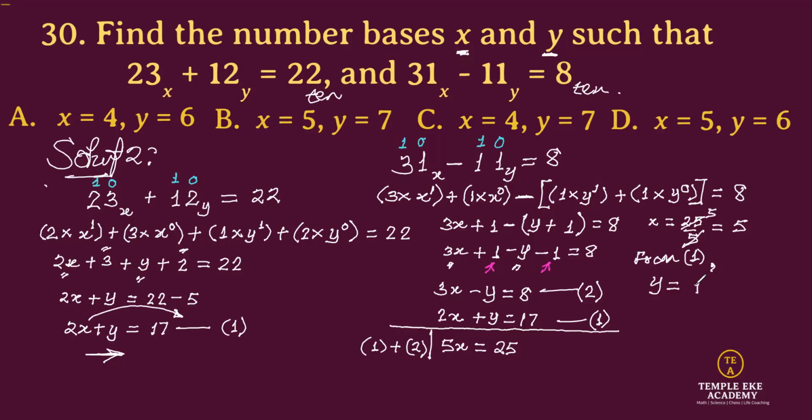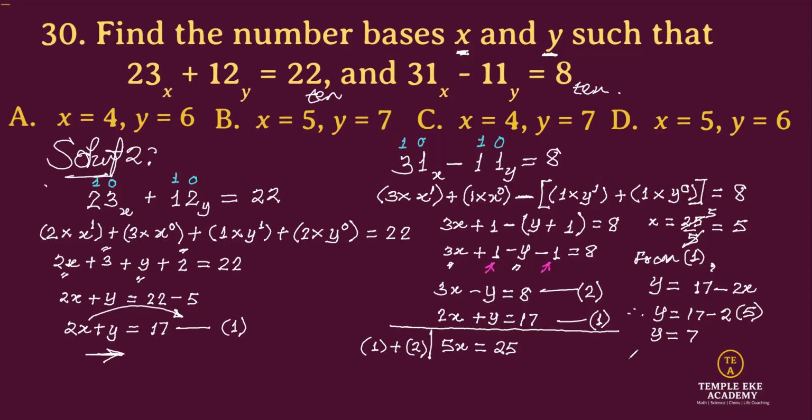So we have 17 resident on the right minus incoming 2x. And now by substituting our x value, which is 5, y can easily be evaluated. 17 minus 2 multiplied by 5. And now y will be 2 multiplied by 5 gives us 10. 17 minus 10 gives us 7.